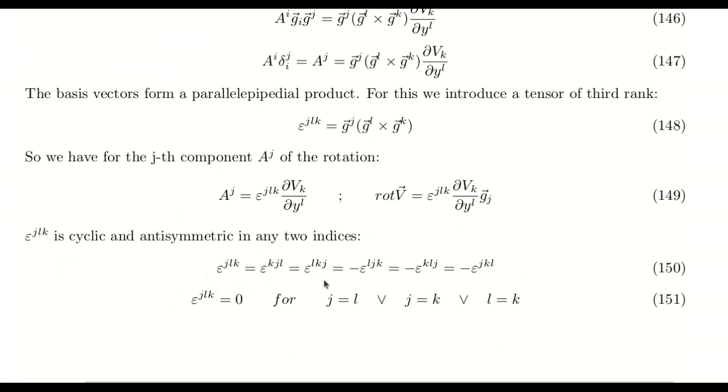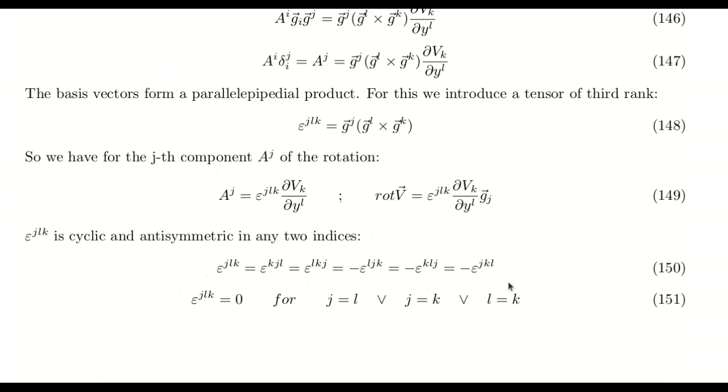But the epsilon tensor is completely antisymmetric in every two indices. So if we exchange two indices in one of these positive expressions, then we must add a minus. So we have here minus epsilon l, j, k, and so we have here three minus values in 150.